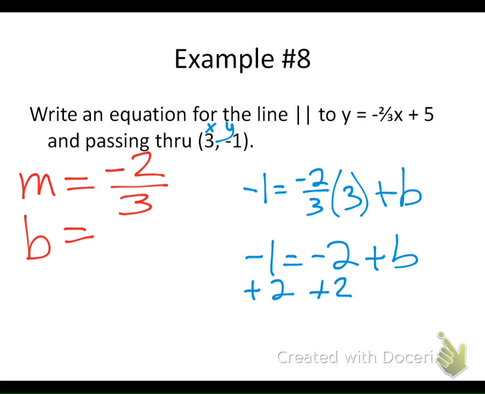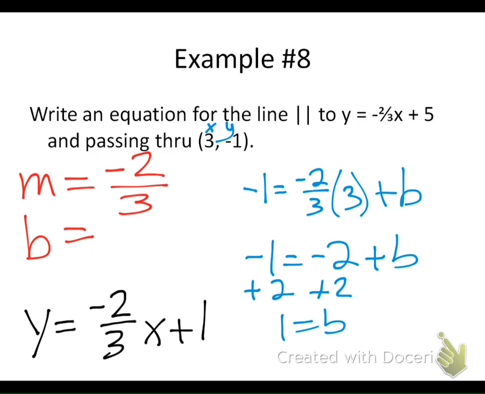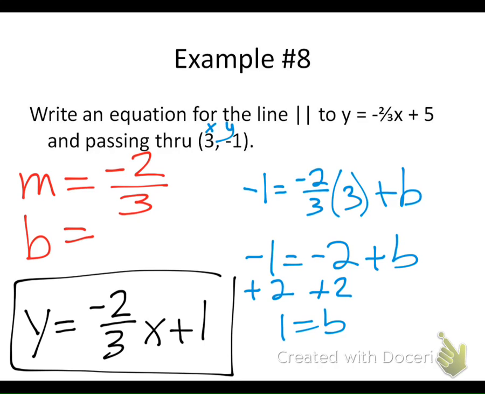Works out pretty nicely. B equals 1. So what's my answer? Very good. Y equals negative 2/3 x plus 1. Not too bad. What are your questions?